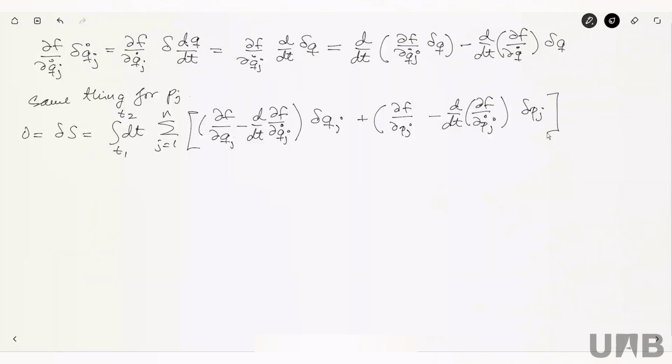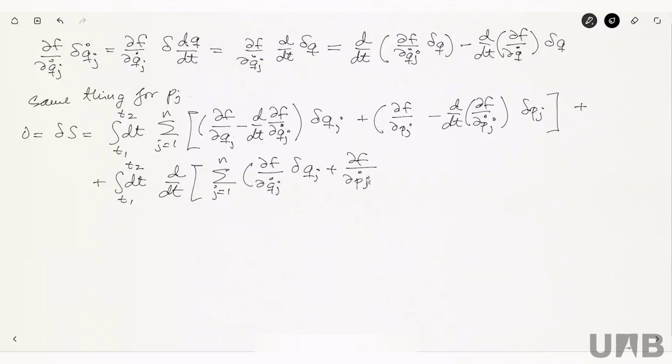But of course, since I integrated by parts, I now have the total derivative of all these terms. So I'm going to add plus the integral dt from t1 to t2 of the total derivative of the sum from j equals 1 up to n of the derivative of f with respect to q dot j, delta q j, plus the derivative of f with respect to p dot j.